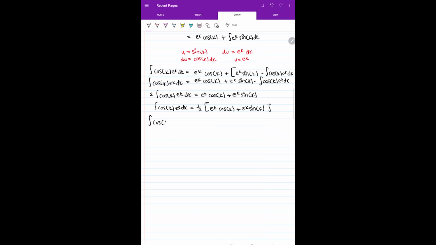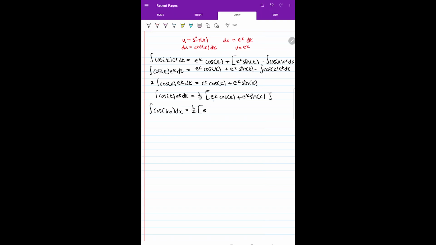So the integral of cosine ln x dx equals half into e to the ln x cosine, oops, that's not supposed to be k, ln x plus e to the ln x sine ln x.